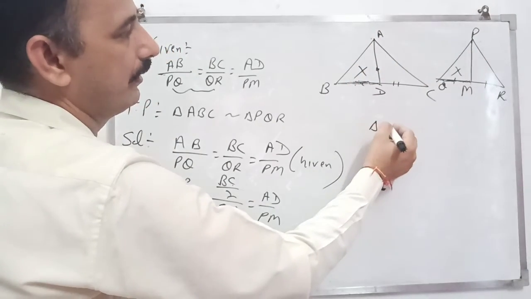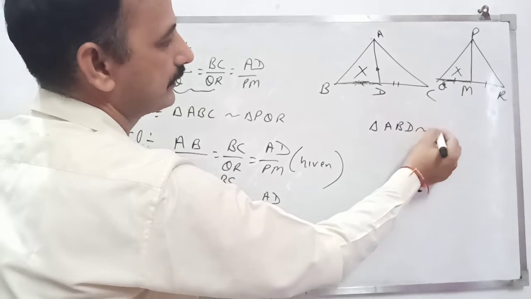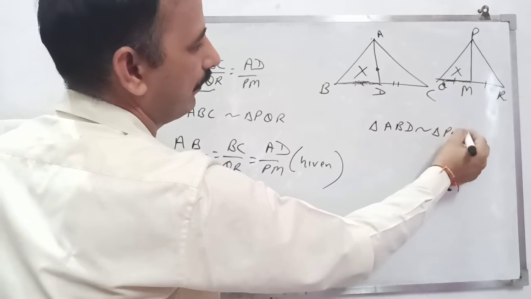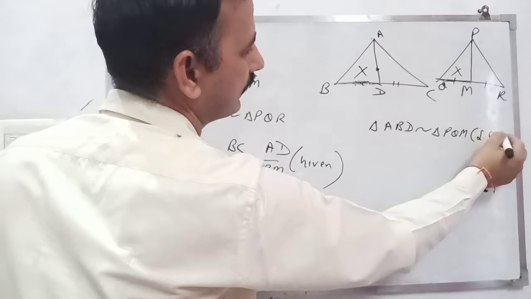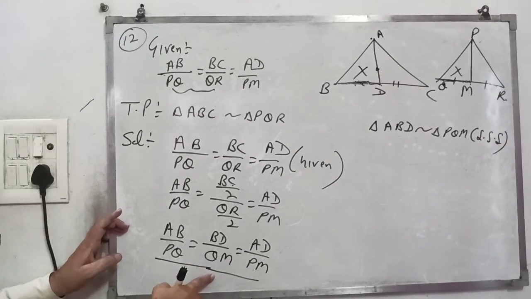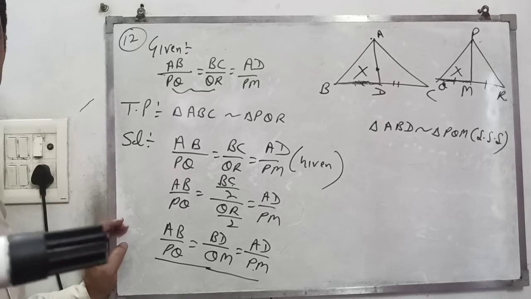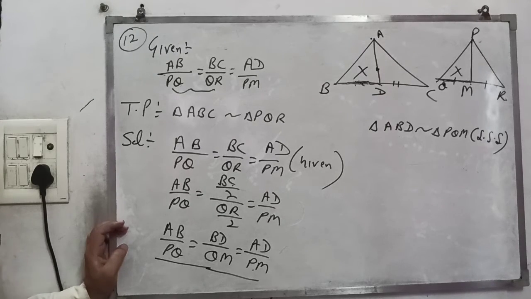So it means triangle ABD is similar to triangle PQM by SSS. If the ratios of these sides are equal, that's why they are similar, right?